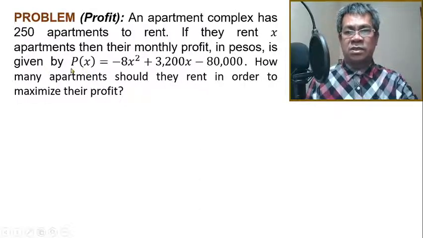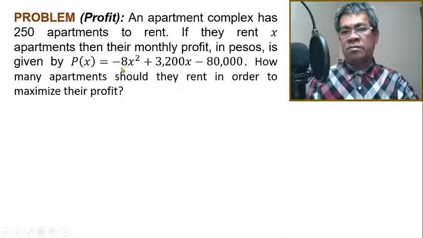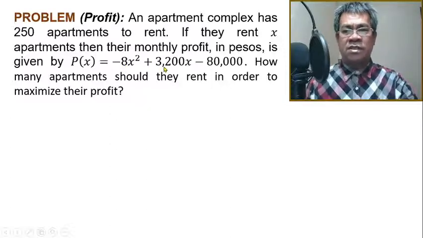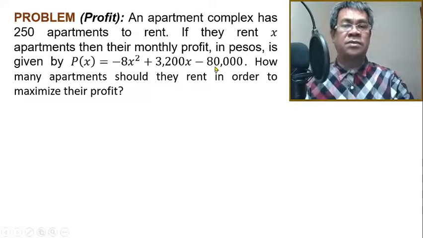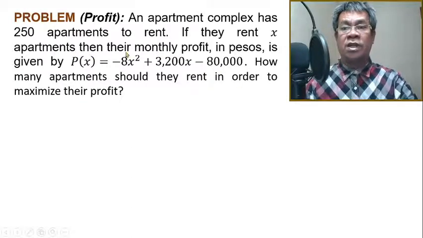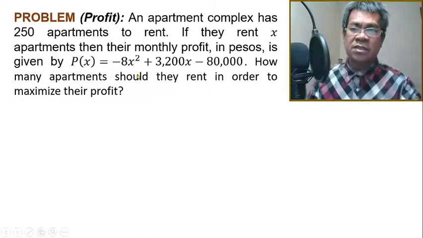This is the feasibility study of the business, that the profit can be obtained using this curve: negative 8x squared plus 3,200x minus 80,000. So this is the mathematical model of the profit. They came up with this analysis.